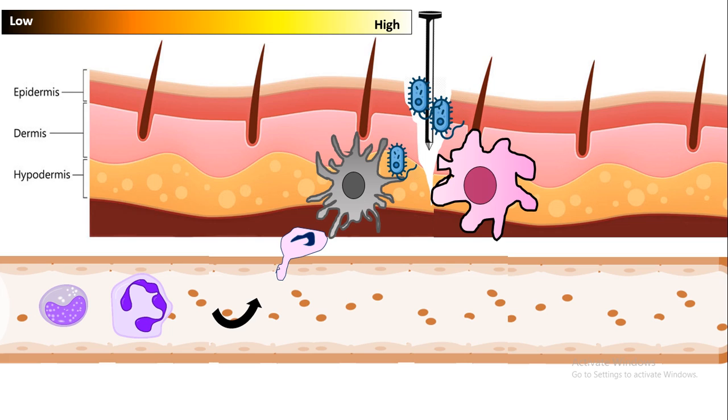So any specific immune cell migrating along the blood vessels would identify the site of injury or pathogen invasion by migrating along a low to high chemokine gradient. In other words, they help in cell migration and immune cell navigation.